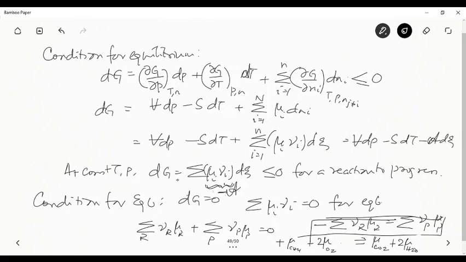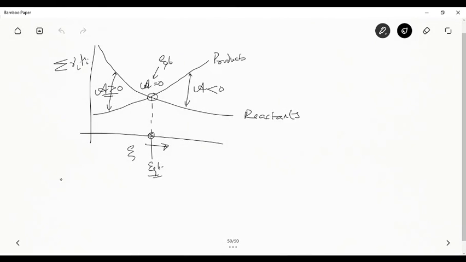So this is basically dG is equal to minus A d xi, which is less than or equal to 0. So for the reaction, dG is equal to minus A d xi, which should be less than or equal to 0. Now equal to 0 is for equilibrium and less than 0 is for the spontaneous progress of the reaction. So if d xi has to be positive, then A has to be positive.